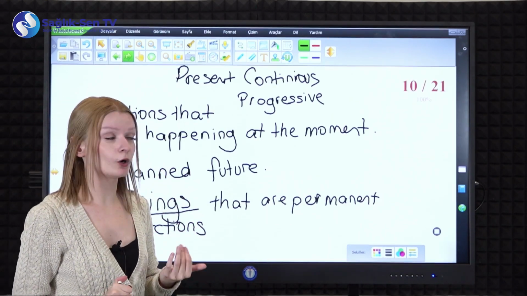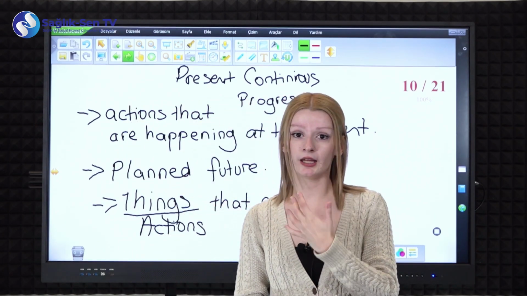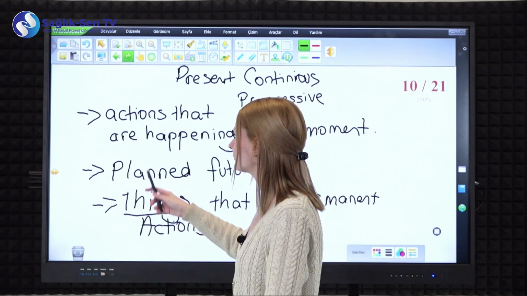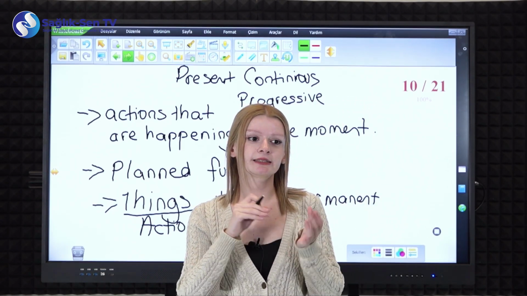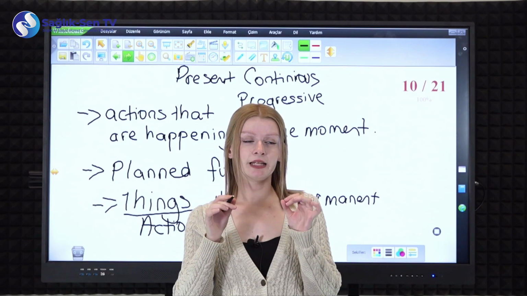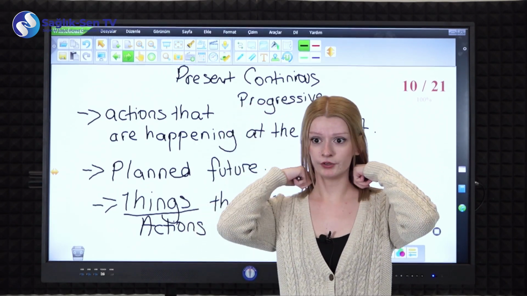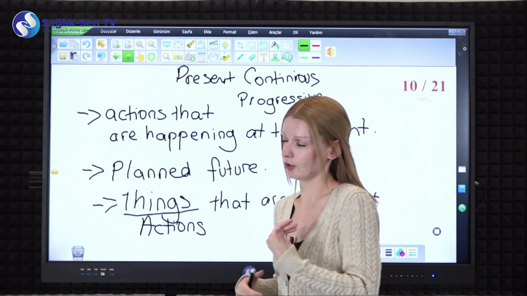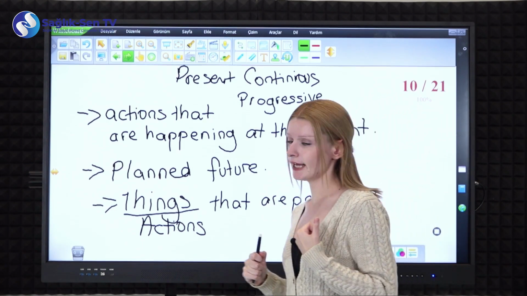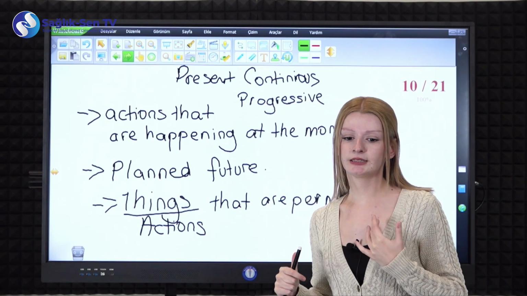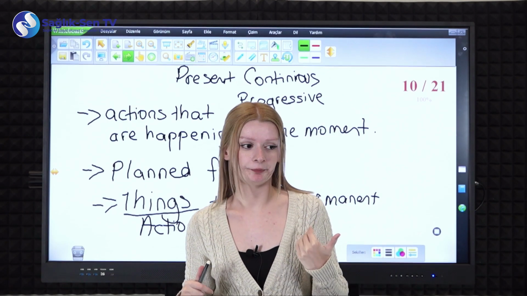Present continuous or progressive. Where do we use and how do we use? Actions that are happening at the moment. They are happening right now, and when we're talking about them, we're using present continuous or progressive. Also, we said our plans about the future when we're talking about them.